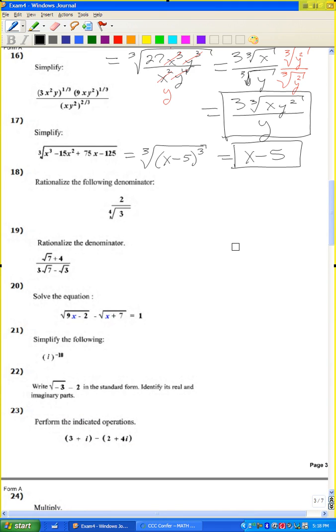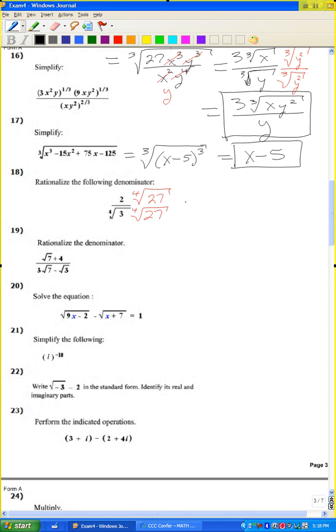Next, rationalize the denominator. So I have 1, 3. I need 3 more 3s. I have 3 more 3s. And so let's multiply and divide by the 4th root of 27.